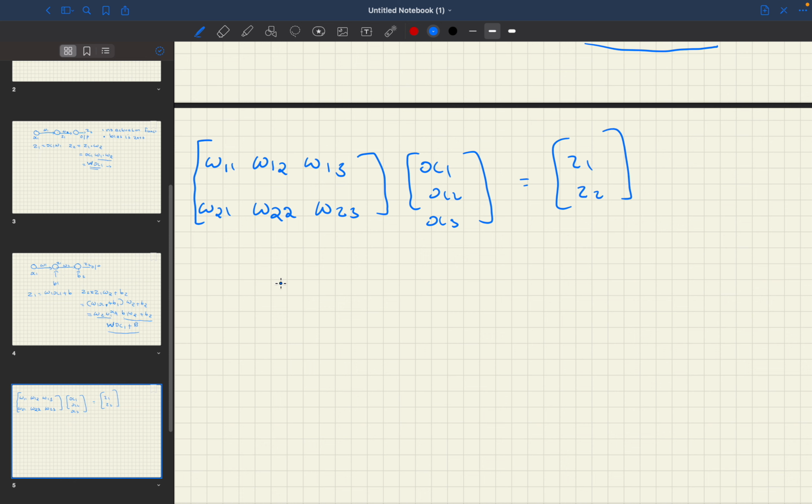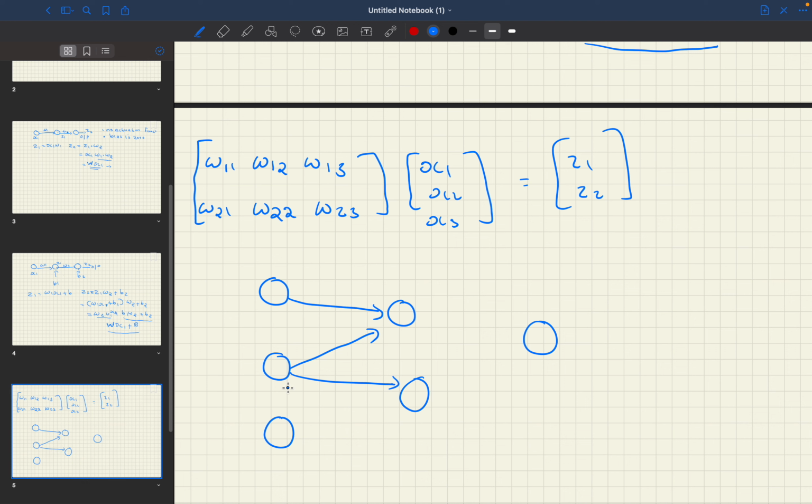Now let me draw this network. I have three inputs and two outputs, Z1 and Z2, connected something like this. This is the output, here 1, 2, and here 1, 2 and 3.